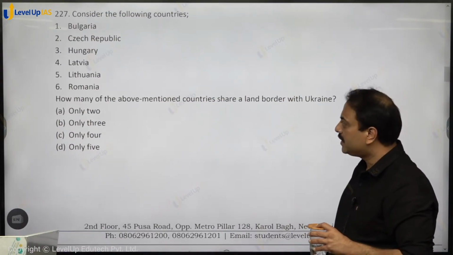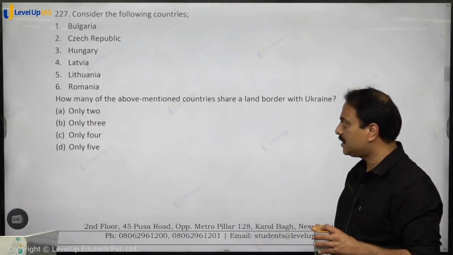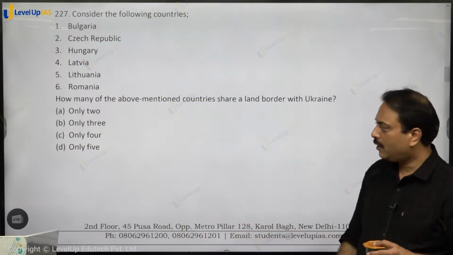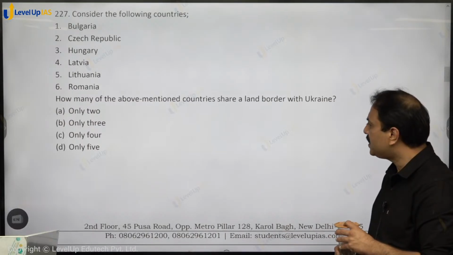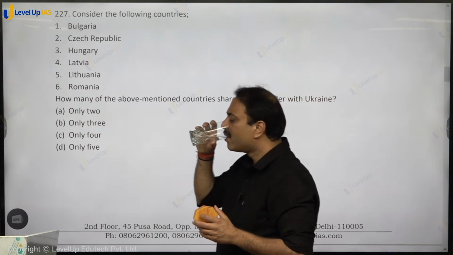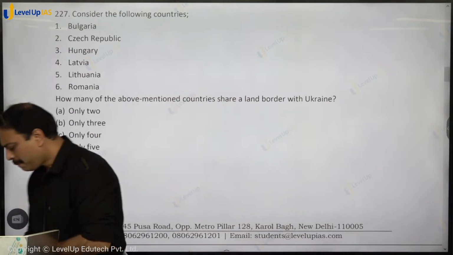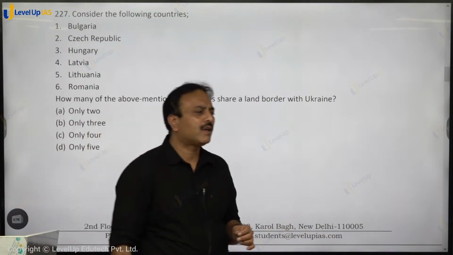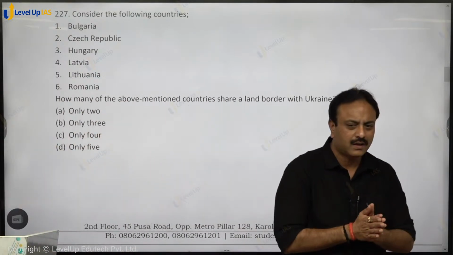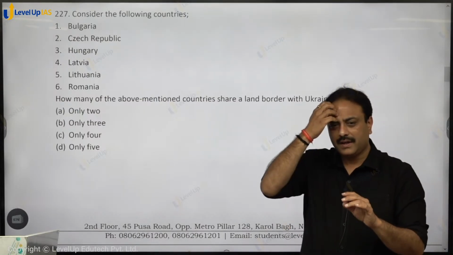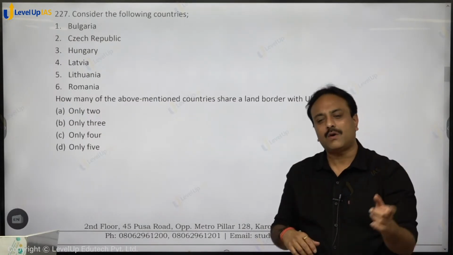Consider the following countries: Bulgaria, Czech Republic, Hungary, Latvia, Lithuania, Romania. How many of the above mentioned countries share a land border with Ukraine? If we talk about Ukraine, then what are the land borders of Ukraine? Learn the countries always in an order.